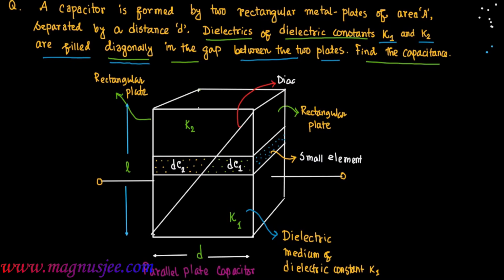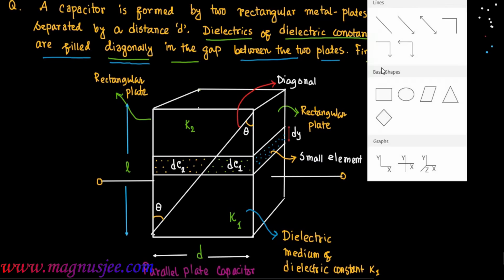This is the diagonal along which the two dielectric media are placed in the gap between the two plates, and this diagonal makes an angle theta with the vertical direction. Height of the small element is dy.